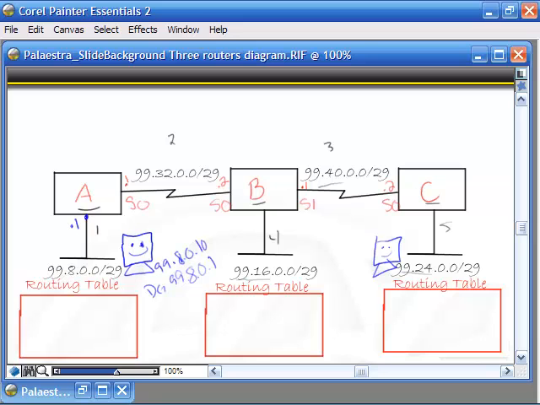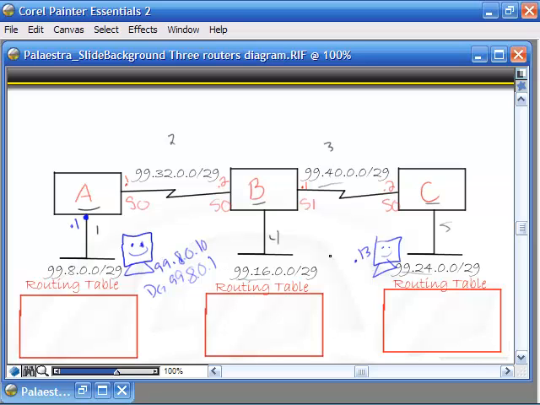This is the IP address of the gateway, the router's nearest interface. So what he does is he says ping 99.24. Let's say this guy's IP address is .13. So 99.24.0.13.